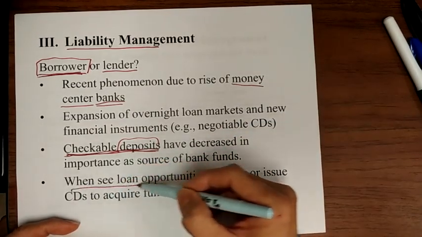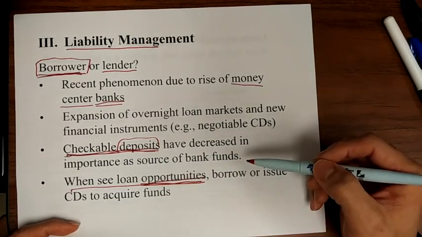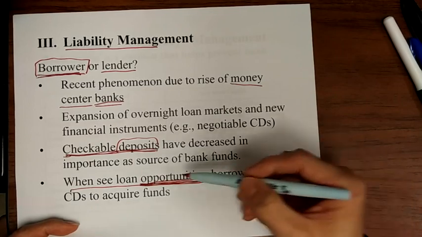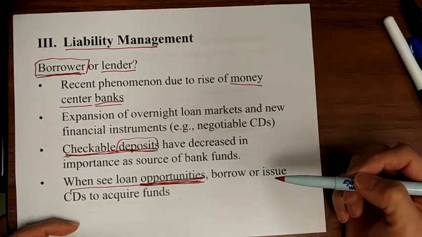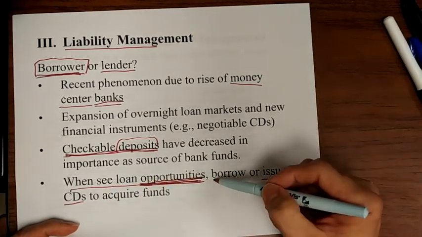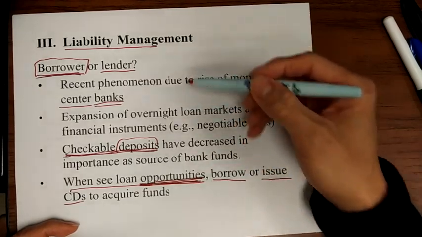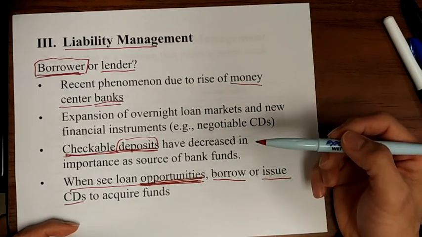So when they see good investment opportunities, high-paying, high-return assets, they become more aggressive. They go out and issue CDs or go out and borrow money and give the money to the asset manager to buy those higher-return assets.